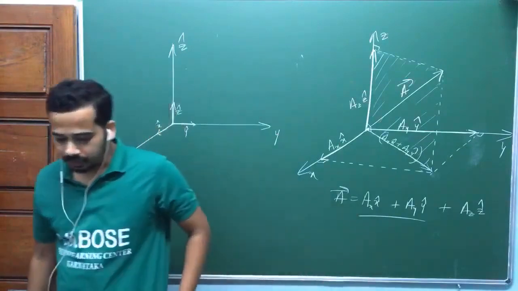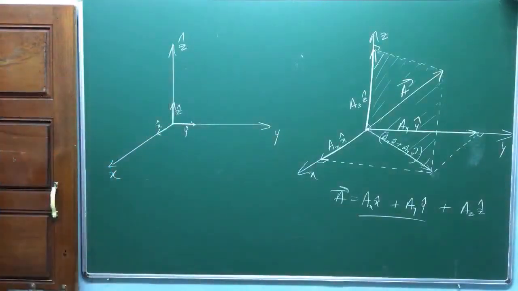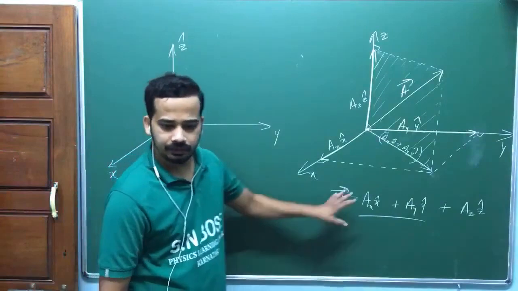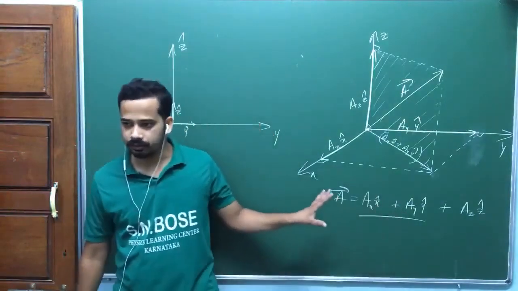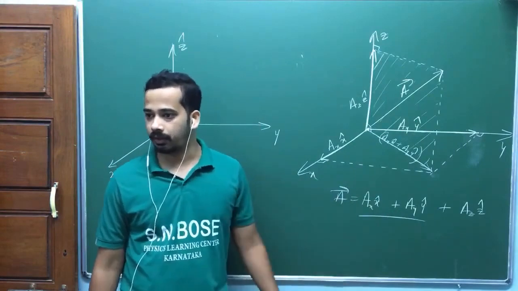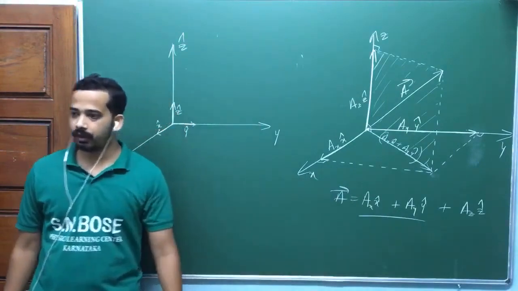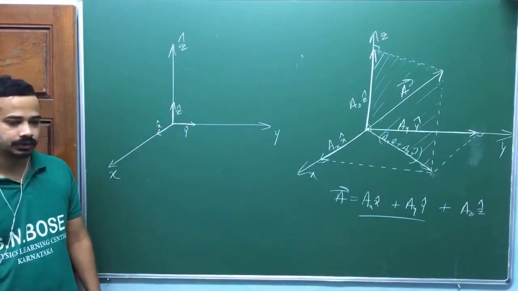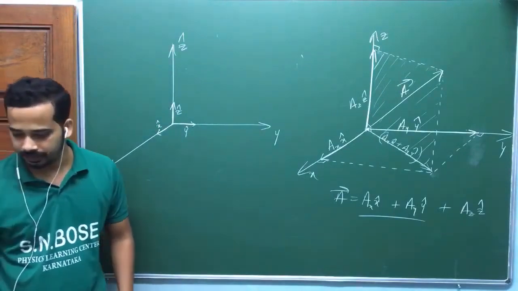We call this the component form of a vector. So why do we do this? It is very easy to work with components. Add a vector, subtract a vector, take a dot product, take the cross product, those are very easy in this case.